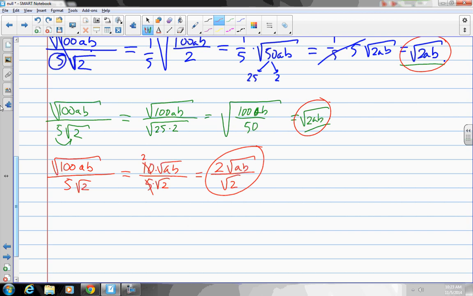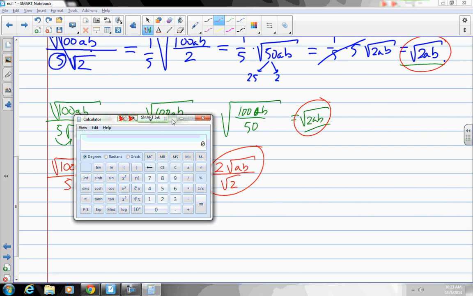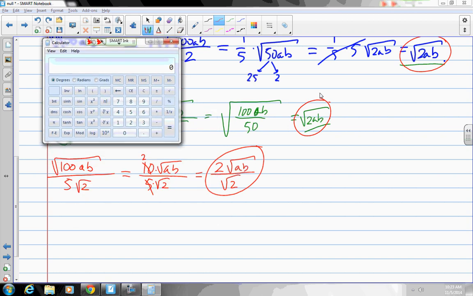But one of them is still a little more polite. The square root of 2 is the constant in front of the previous two answers. Do you agree with that? This is the coefficient. I can compute the square root of 2: 1.41, whatever. Irrational number, ugly, all that good stuff.